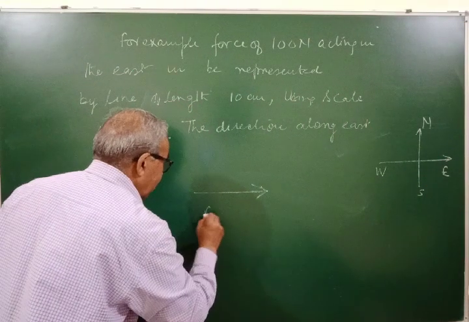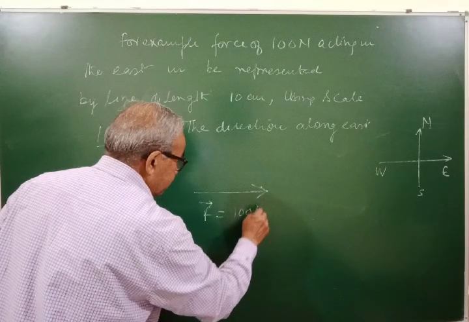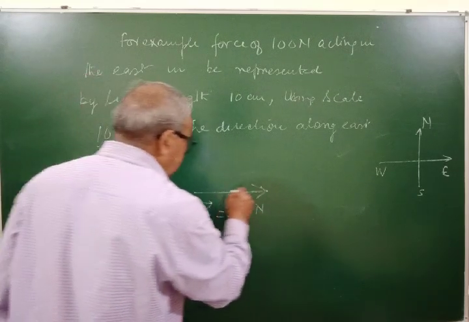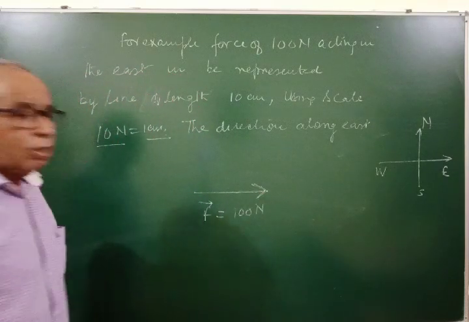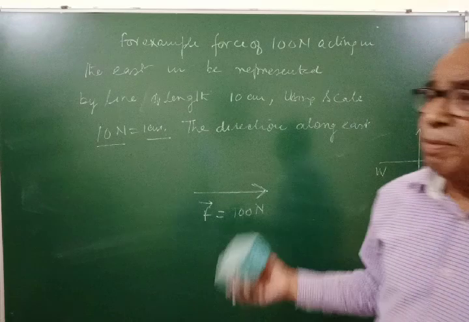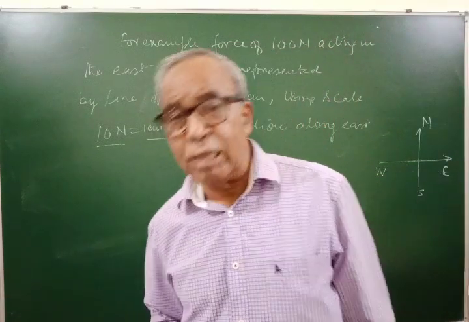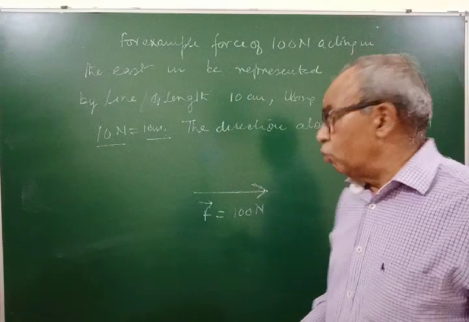And you can write here F equal to 100 Newton, in the east. So this is a method of representing a vector, and the length of the line, or the length of the arrow, gives the magnitude.